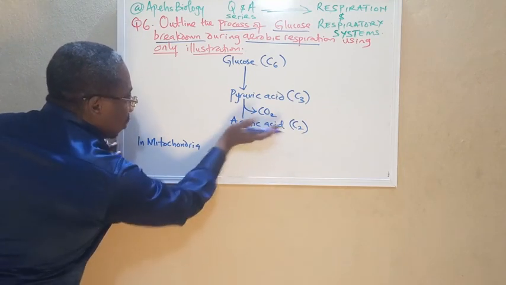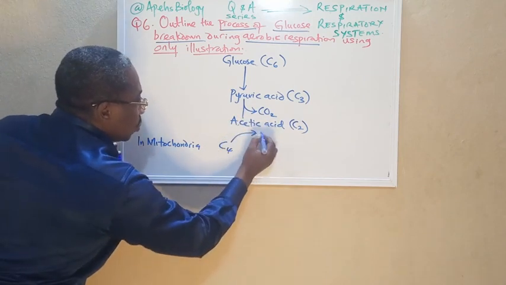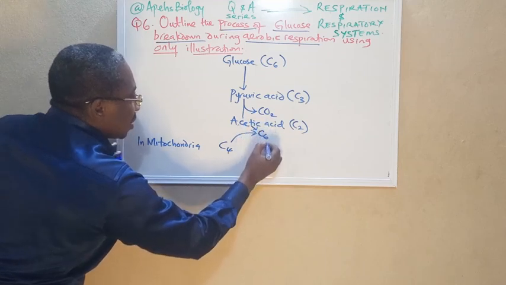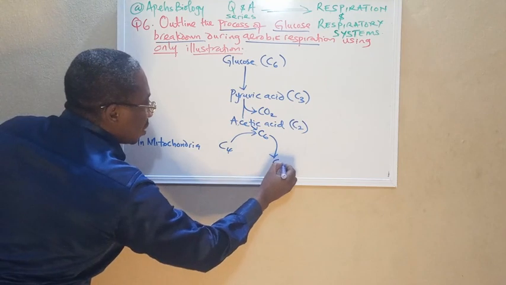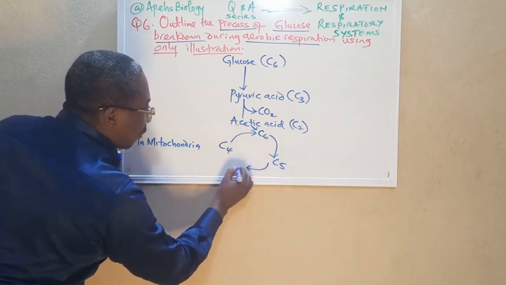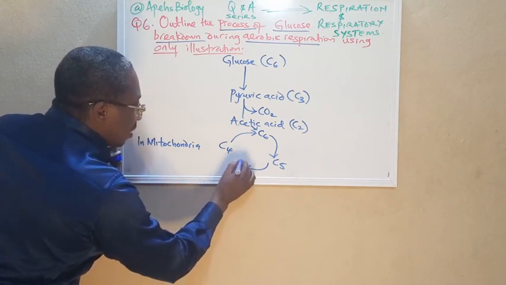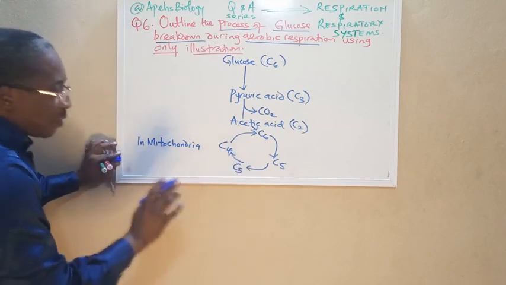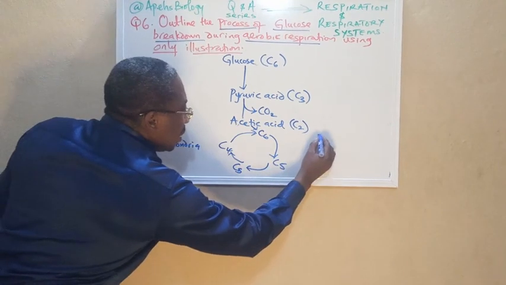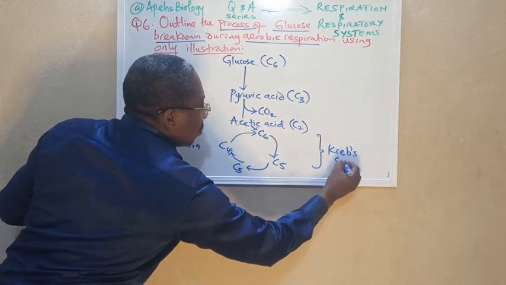When the C2 joins it here, it will form C6. The C6 will change to C5. The C5 again will change to another molecule of C5. Don't worry yourself with the name. And then this C5 will change to this. We are trying to simplify it. This whole process like this, from here to here, is what is called Krebs cycle.